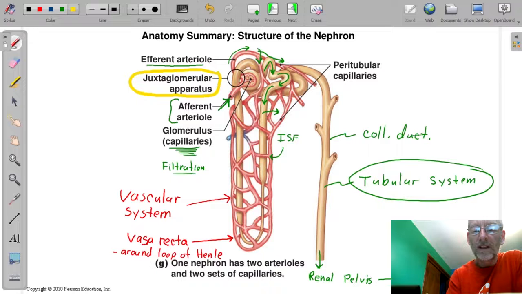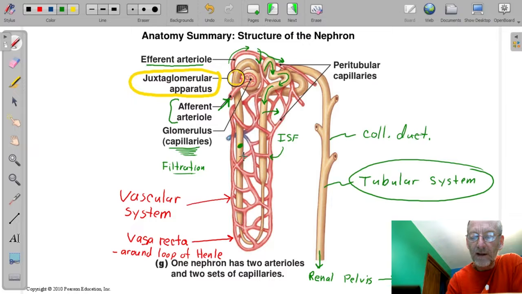So it's right where this circle is, and I don't want to obliterate the whole thing with a giant pen, but it picks up this piece of the, what piece is this? Let's figure that out. So it's part of the loop of Henle, so it's either descending or ascending.